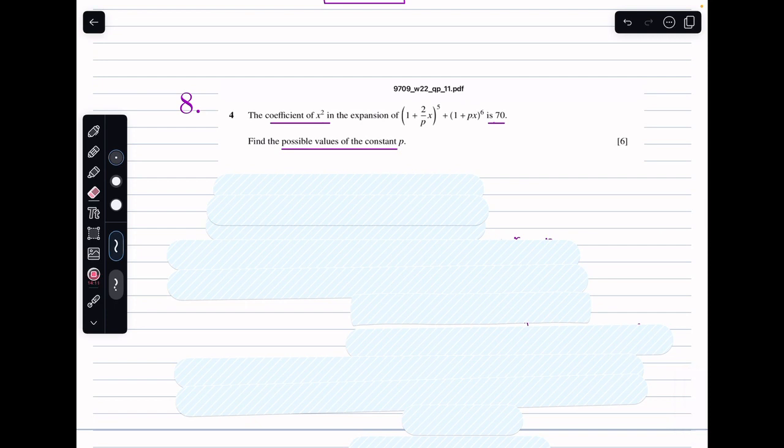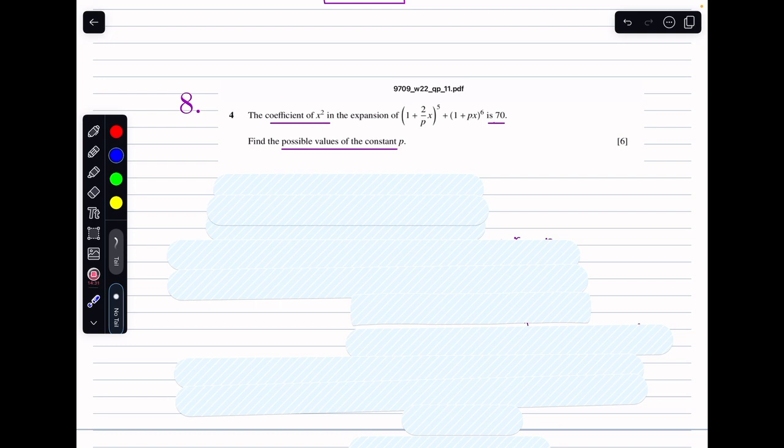And this question has been taken from Winter 2022, paper 1, variant 1, and this is question number 4 in this paper. The question says the coefficient of x squared in the expansion of (1 plus 2/(px)) to the power 5 plus (1 plus px) to the power 6 is 70.